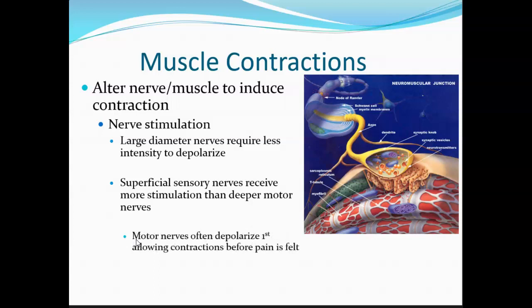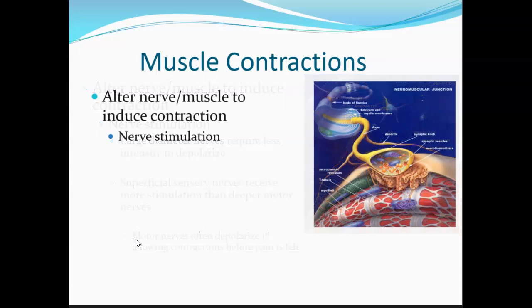But a lot of times, not all the time, we can also get motor nerves that are deeper. We can get them to depolarize before the pain nerves start to know what's going on. So it's like, shh, don't wake up the pain nerves. And we're just gonna contract here. That's different on each person and each area. We'll figure that out as we start playing with these things here.